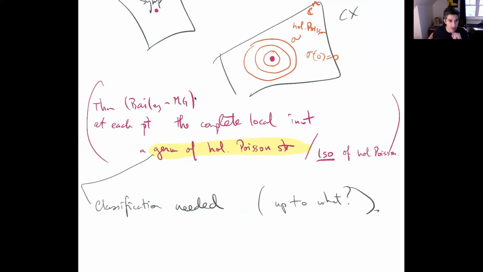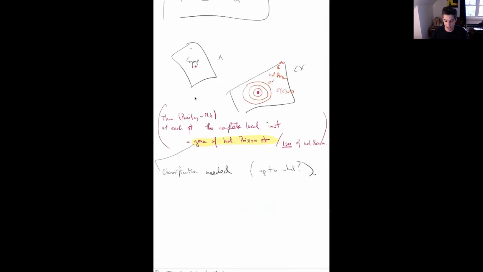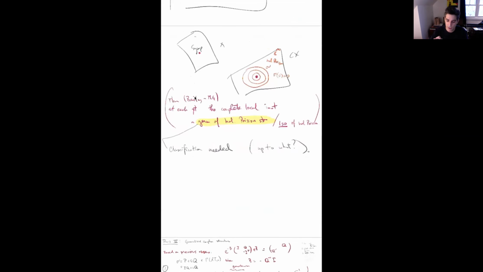But in the holomorphic category, it might be well posed. It probably is a nice classification problem. It's just that in the real category, because of the failure of ellipticity, it's badly behaved. Anyway, maybe I'll highlight it in purple for open problem.